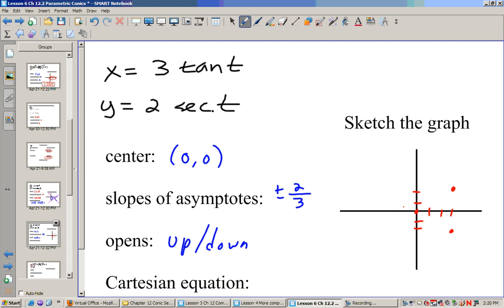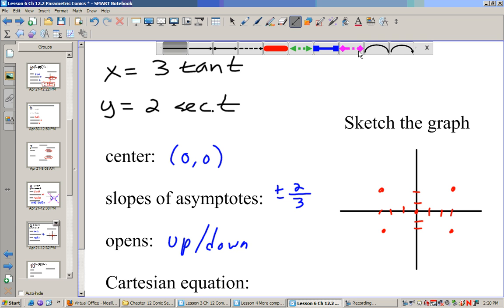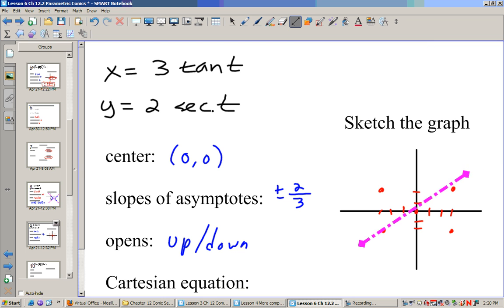So these would be some points on my asymptote. Now it opens up, down, so I'm going to go up 2 and down 2, and then draw my hyperbola to my asymptotes.